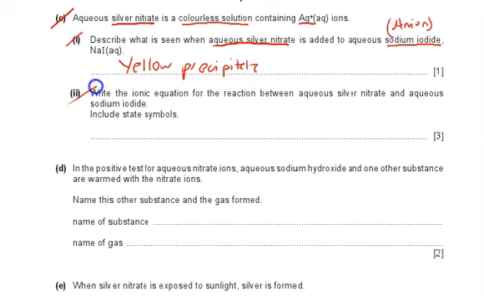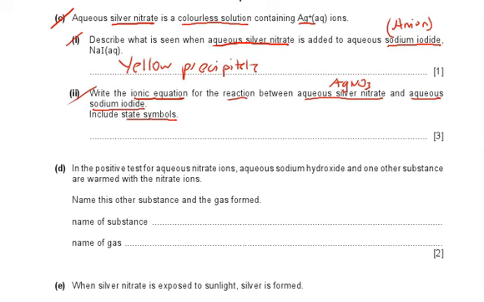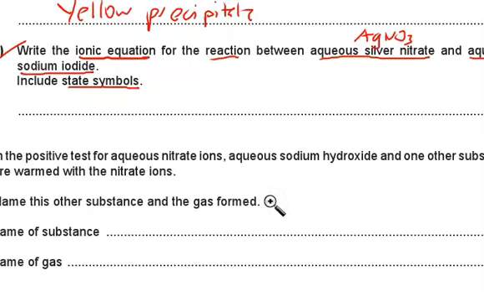Now write an ionic equation for the reaction between aqueous silver nitrate and aqueous sodium iodide. Include state symbols. They just want the ionic equation. So let me write down the equation here properly. Silver nitrate and aqueous sodium iodide.